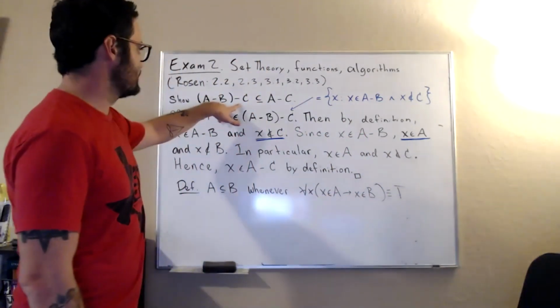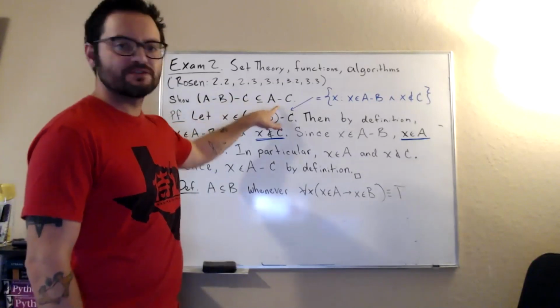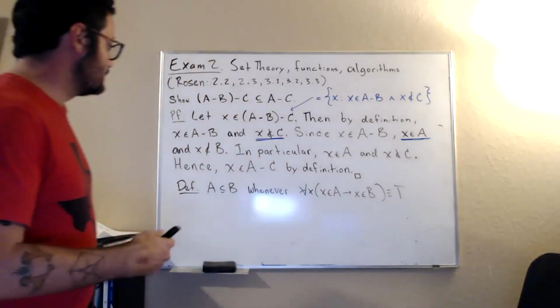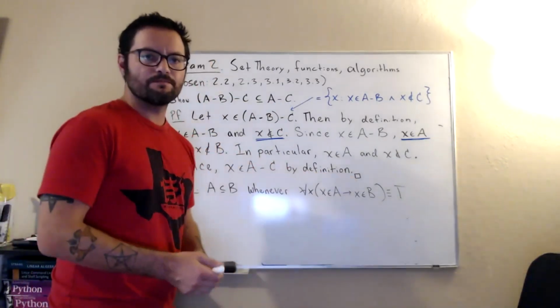So here we picked an element there and we saw that it must be in the other side. So it satisfies the definition of being a subset, and we're done. End of proof.